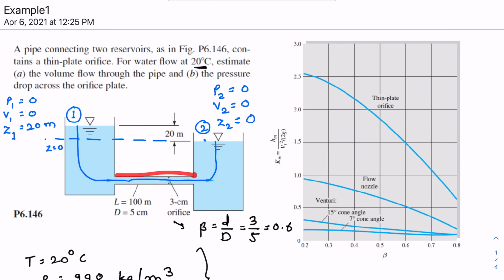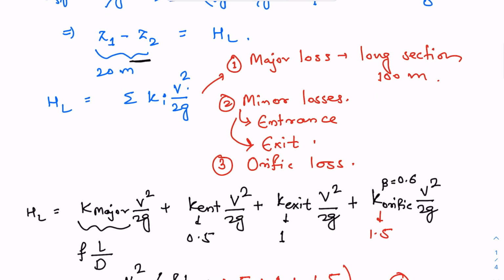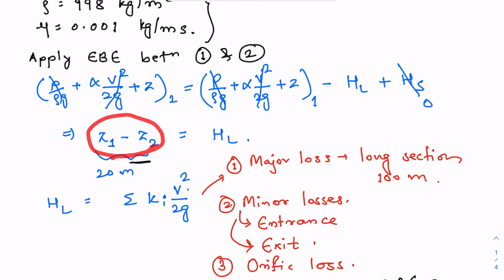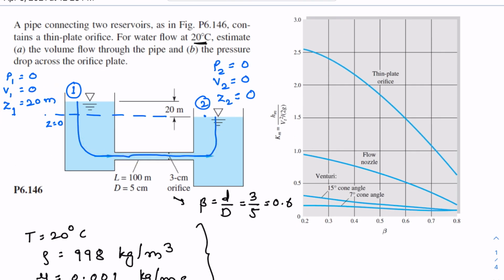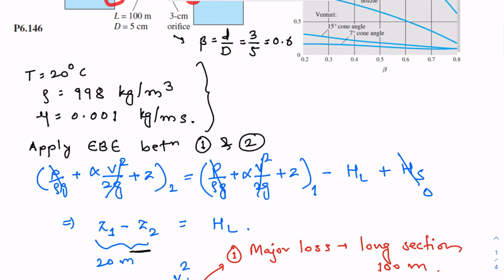So to find this pressure drop, we had to employ an indirect method because the elevation of these free surfaces was given, so we used the extended Bernoulli equation across these surfaces, and from that calculation we found out that the elevation difference between the surfaces is nothing but all the losses that this flow is encountering, and these losses are the major loss due to this long section, the non-recoverable pressure loss across the orifice, and the minor losses at the entrance and the exit.